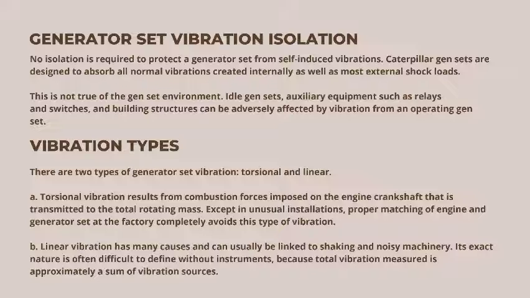Linear vibration has many causes and can usually be linked to shaking and noisy machinery. Its exact nature is often difficult to define without instruments, because total vibration measured is approximately a sum of vibration sources.